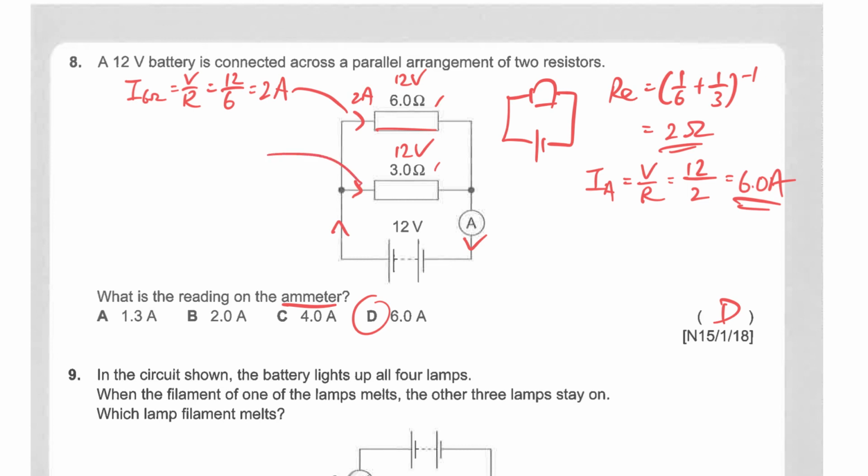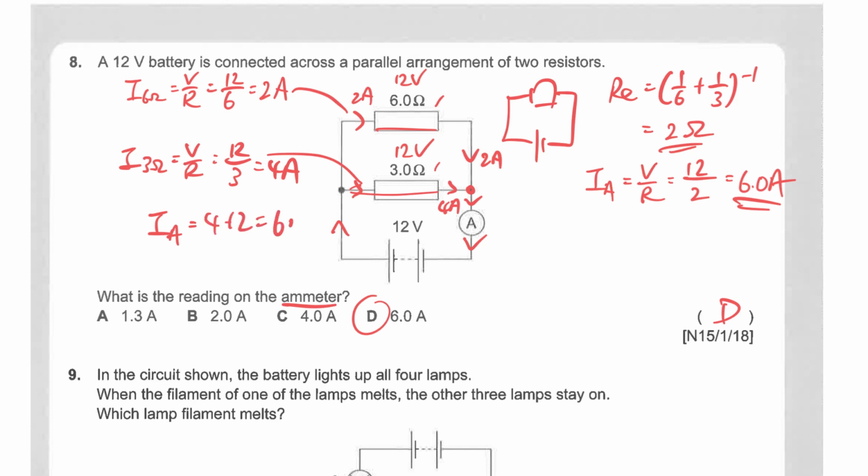Likewise, you do the same for the other branch, the 3 ohm resistor. It is still 12 volt and the resistance in this branch is only 3, so it's 4 ampere. So this is 2 ampere and the small river 4 ampere, they combine back to form the big river. So the current flowing through the ammeter will be 4 plus 2 equals 6. So either way, you'll get the answer.